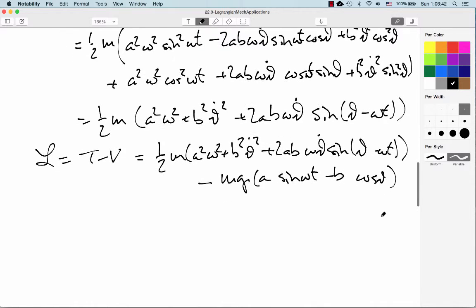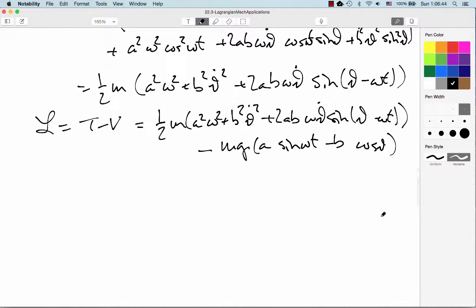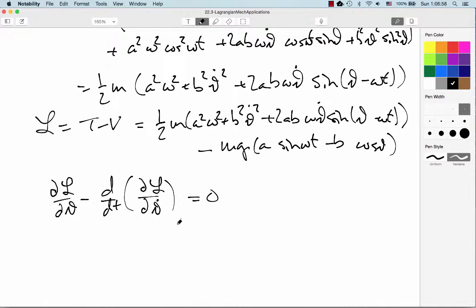All right. So we can write our equation of motion: partial L partial theta minus d dt of partial L partial theta dot equals 0. All right. So constant, doesn't matter.